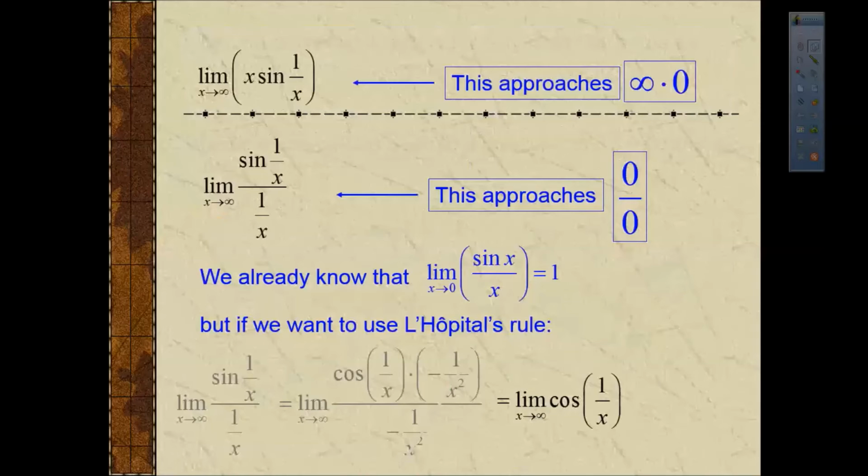If x goes to infinity, 1 over x will approach 0, and cosine of 0 is equal to 1. That's the answer we were expecting. So L'Hopital's rule can apply even if we have to complicate these expressions first. If it's not already in a fraction form, we have to complicate it into a fraction, but one that could be simplified back to our original expression.